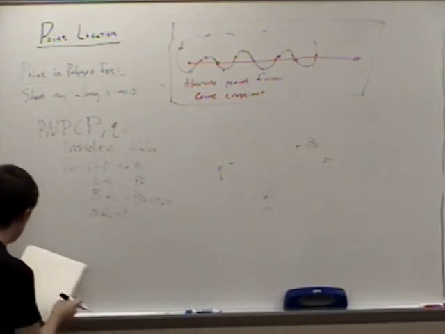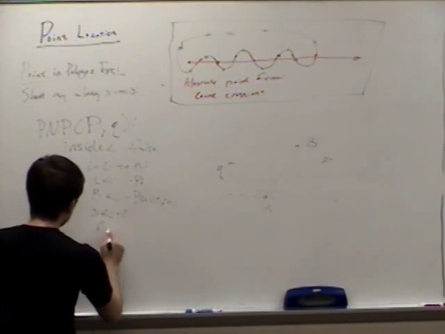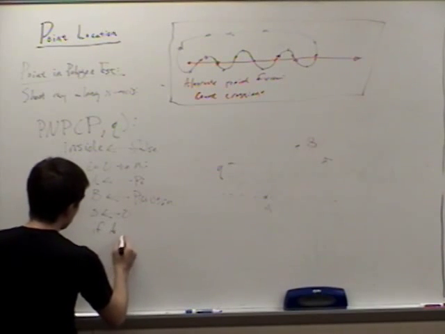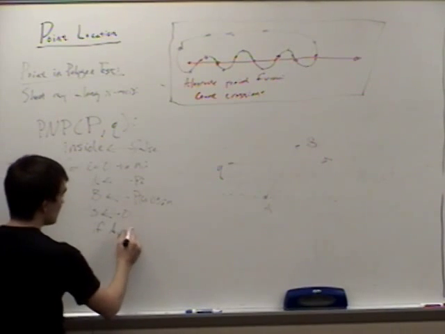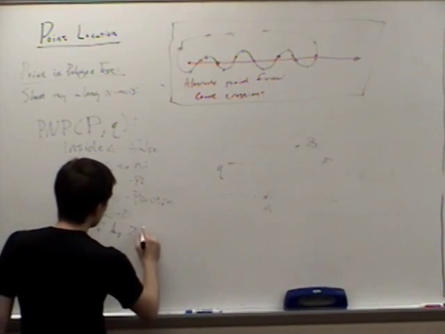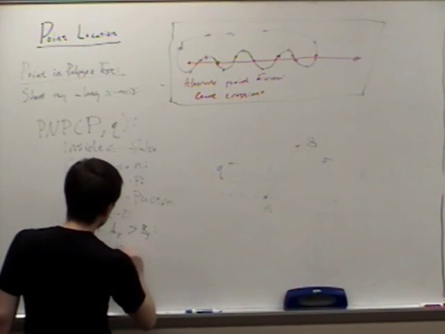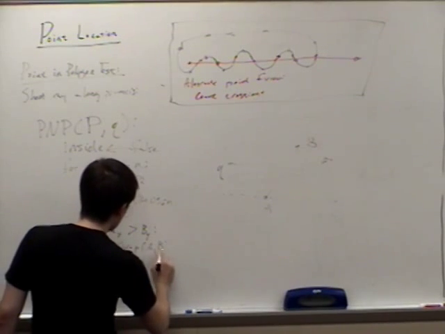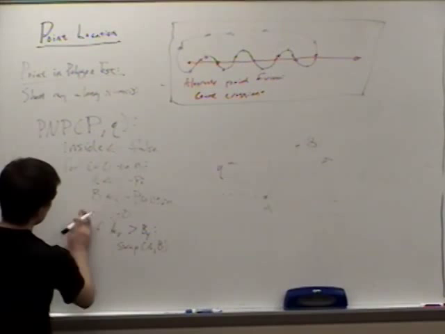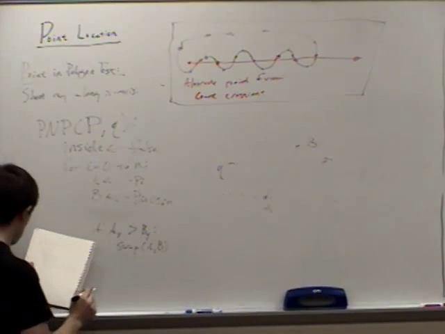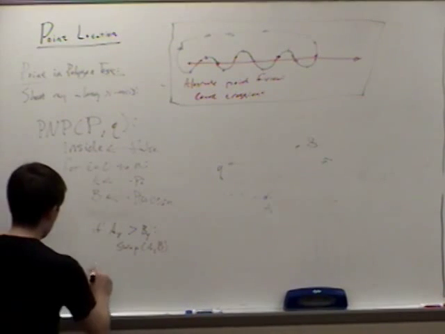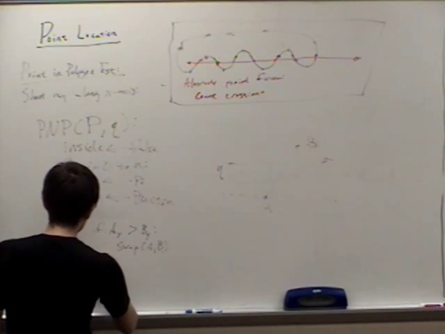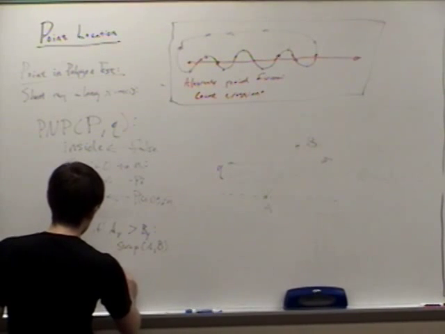Right. So here's the idea. First, if the y component of A is greater than the y component of B, we'll swap A and B. Actually, I don't even need this S thing here. And there's two cases to consider.